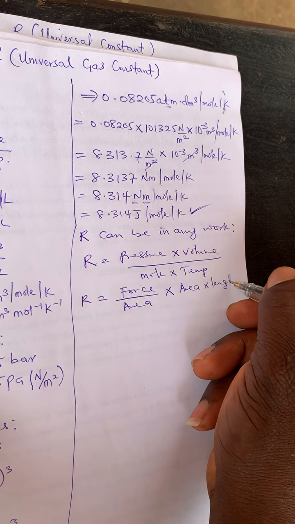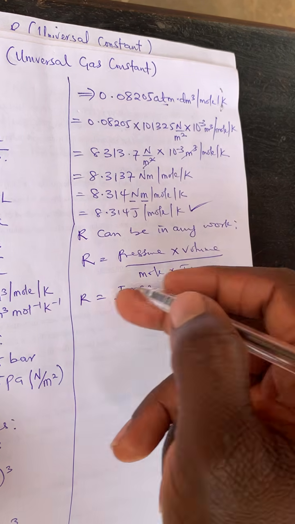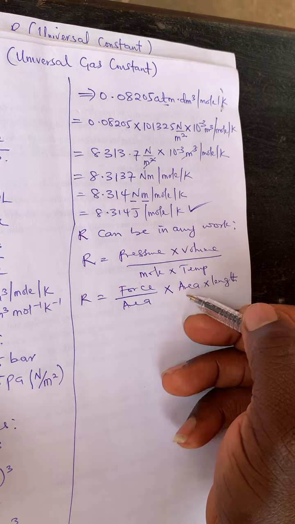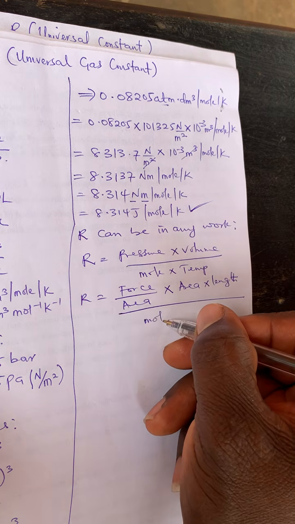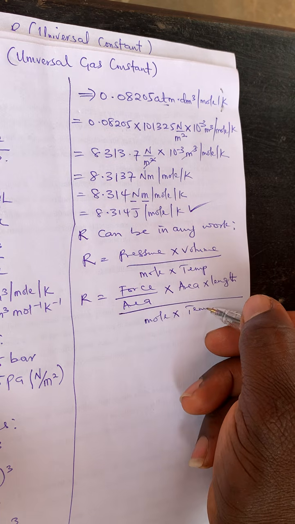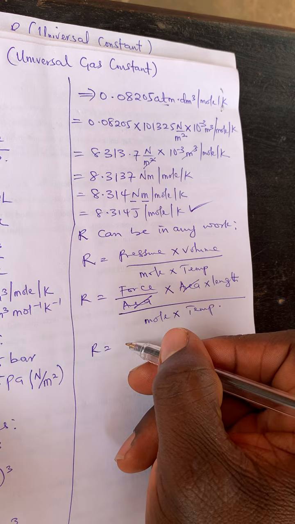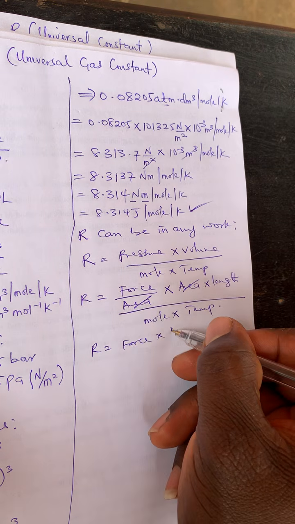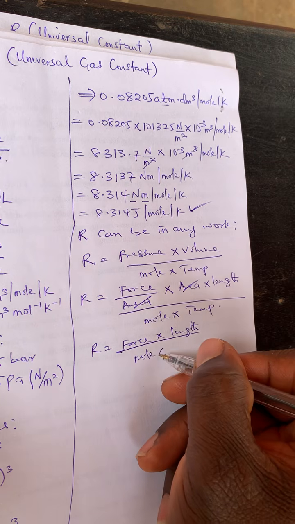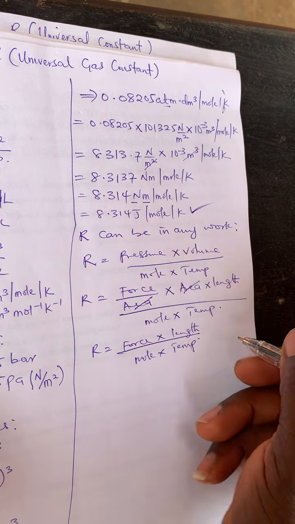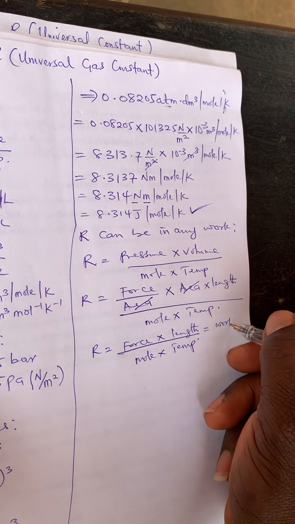So area times length, divided by mole times temperature. Then area cancels area, and that means R will be equal to force times length, divided by mole times temperature. So force times length here is equal to work.